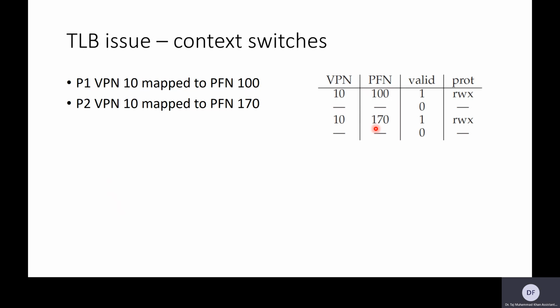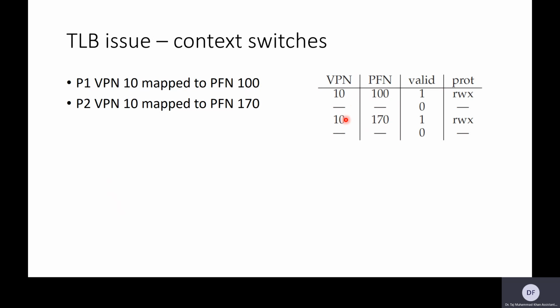So how do we solve this problem? There can be two solutions. One solution is that whenever there is a context switch, we make the valid bit of all these entries 0. When the next process tries to look for a page number inside the TLB, it will see that the valid bit is 0 for all of them, so it doesn't use any of these entries.